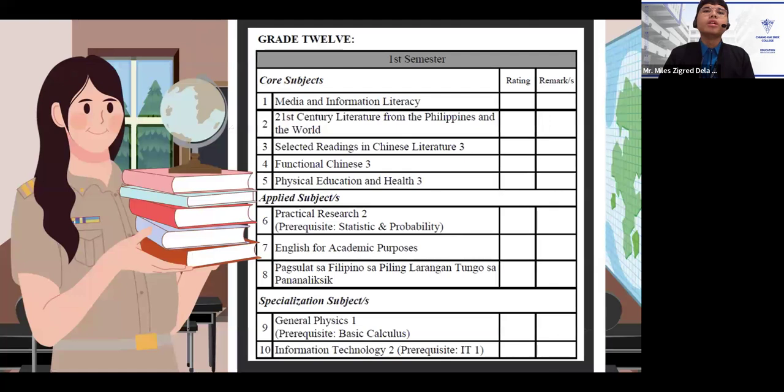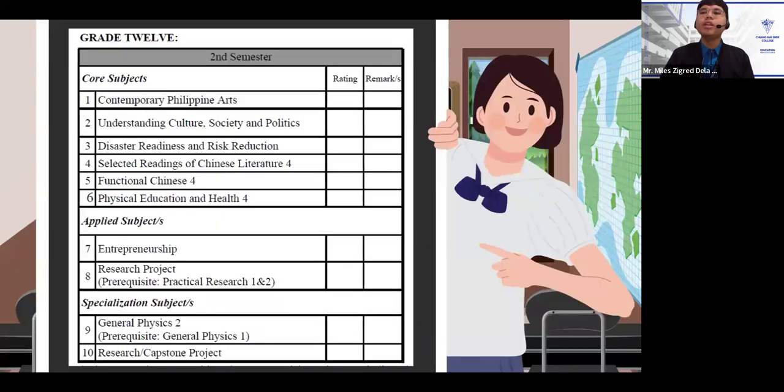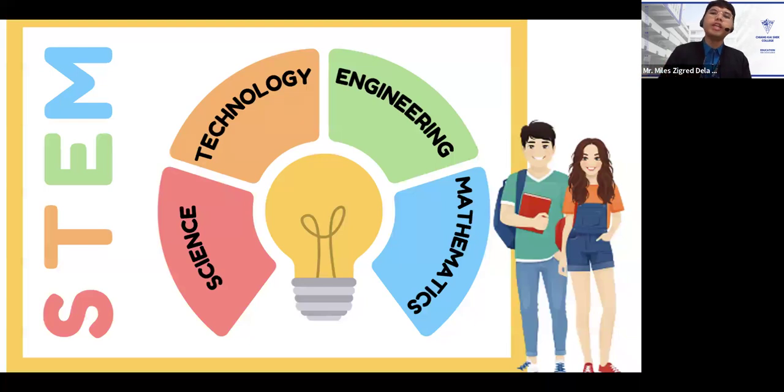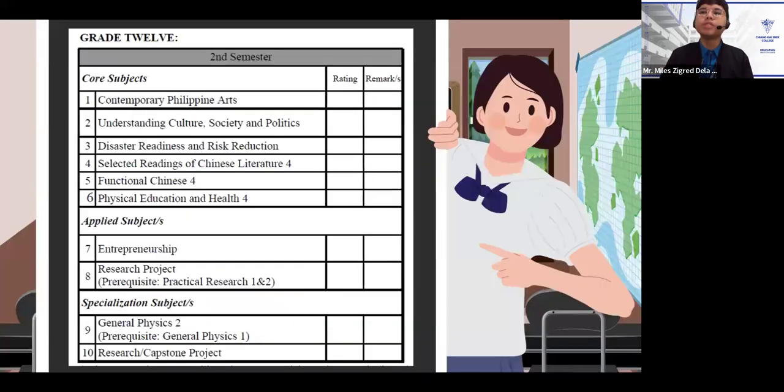For grade 12, during the first semester, they need to pass 5 core subjects, 3 applied subjects, and 2 specialized subjects. And for the second semester, they need to finish 6 core subjects, 2 applied subjects, and 2 specialized subjects. Take note that this will be the same number of subjects across other strands.